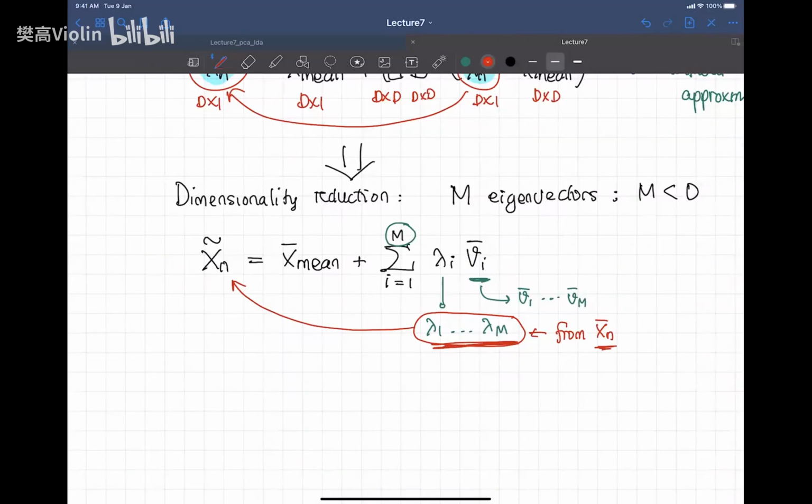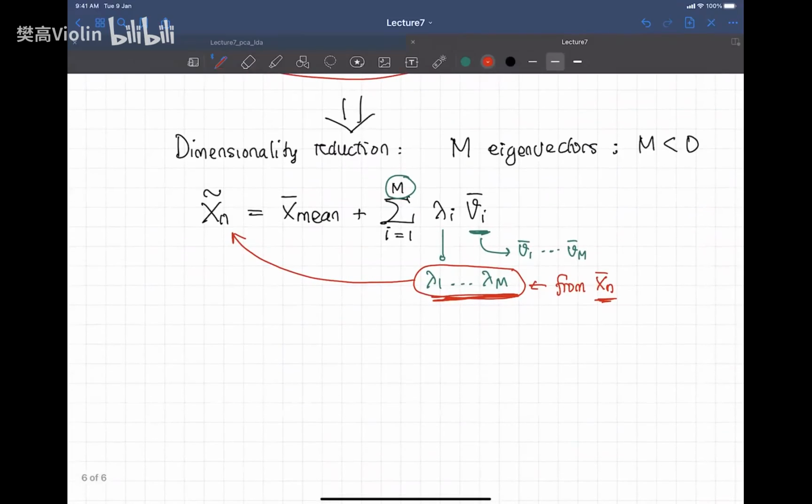In other words, your original xn, your pixel values here, will be, for example, I1, I2, intensity pixel values until Id. This is why you have d by 1.